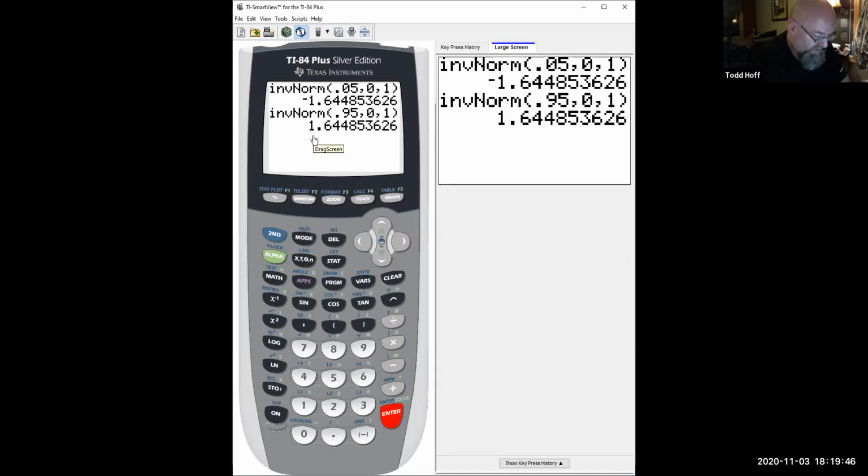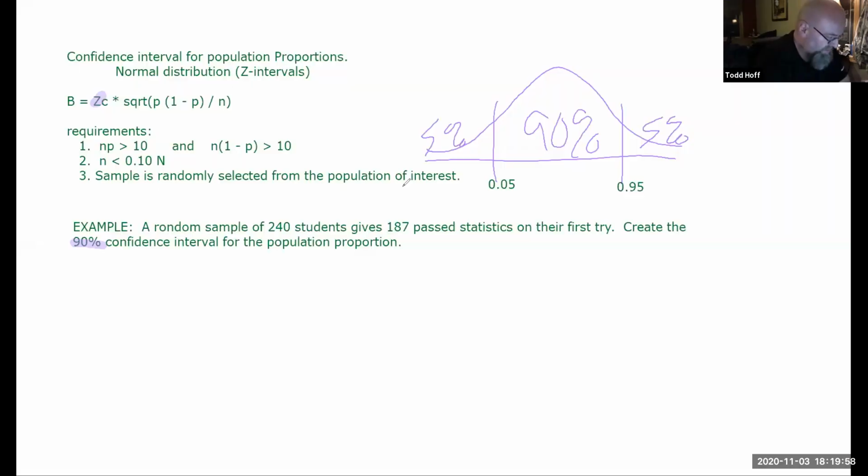Well, we use the positive one as our critical value in the calculations. So that's telling us that 1.645 would be that Z critical.